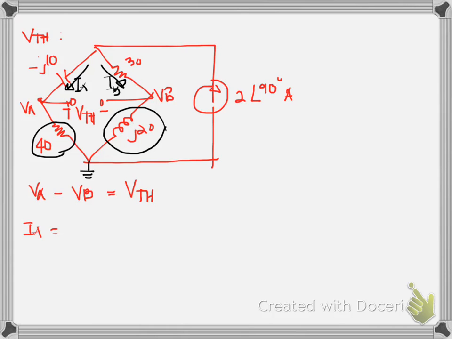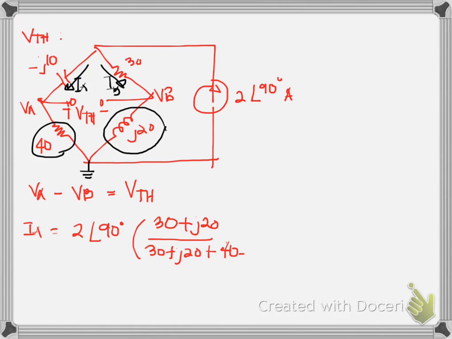So IA, it's 2 angle 90 times the opposite, we have 30 plus J20, over 30 plus J20 plus 40 minus J10.